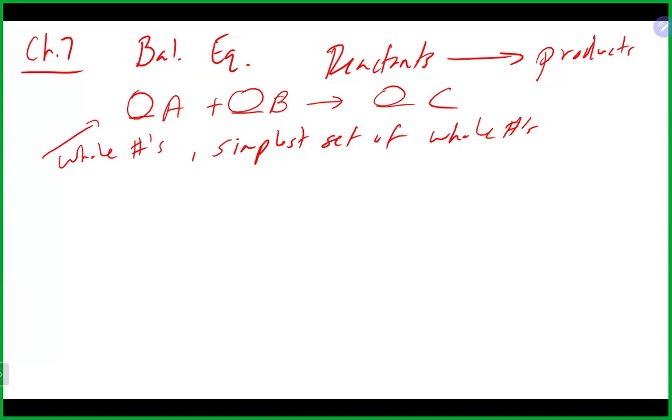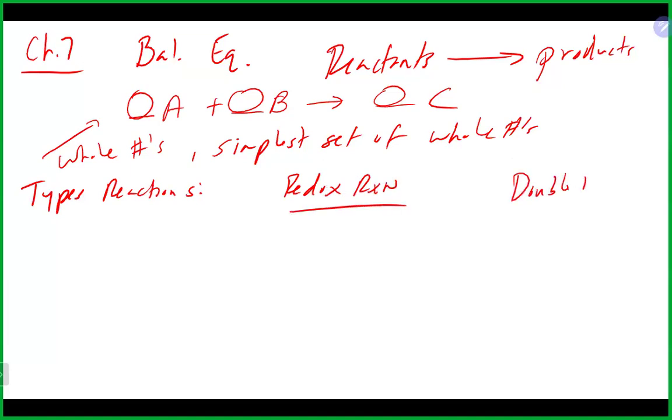We then talked about types of reactions, and remember that there are two big categories of reactions. There are the redox reactions, and then there are double displacement reactions. There are really three reasons why a reaction takes place.